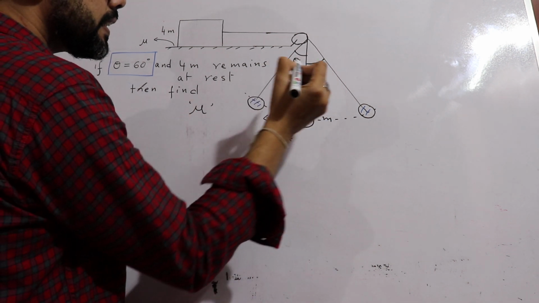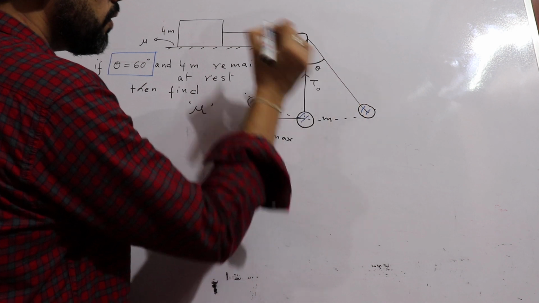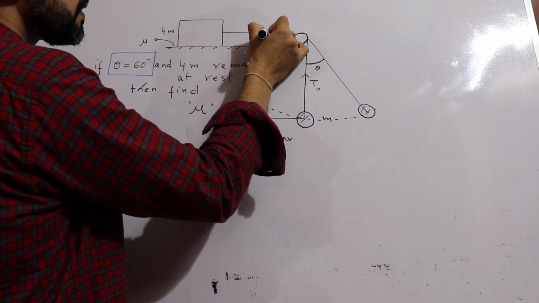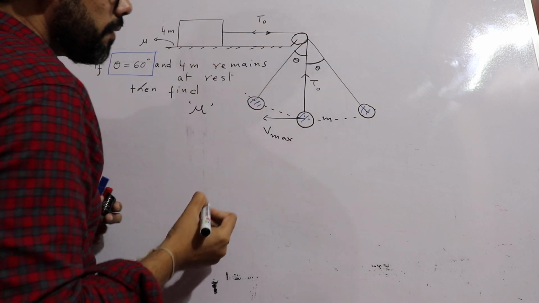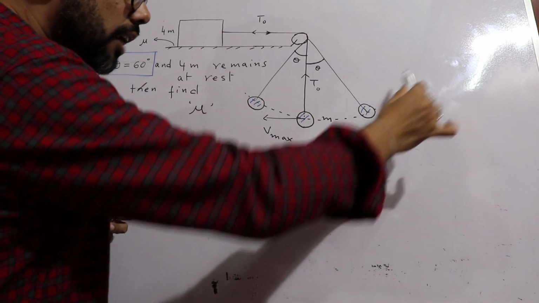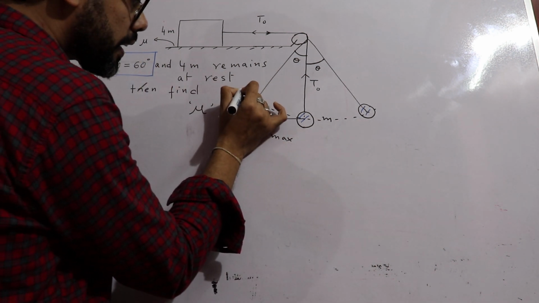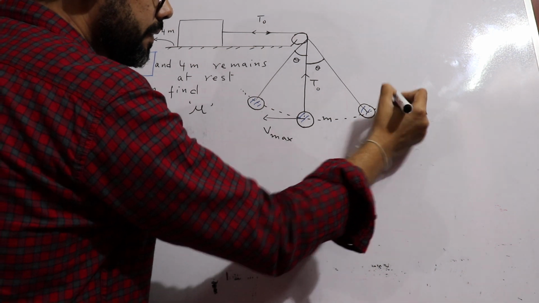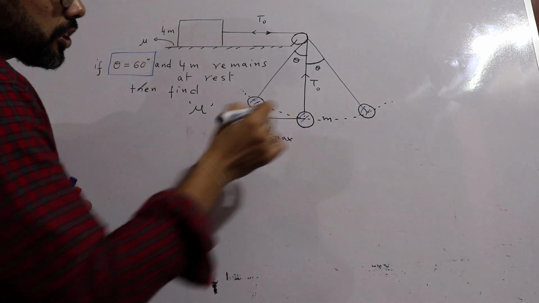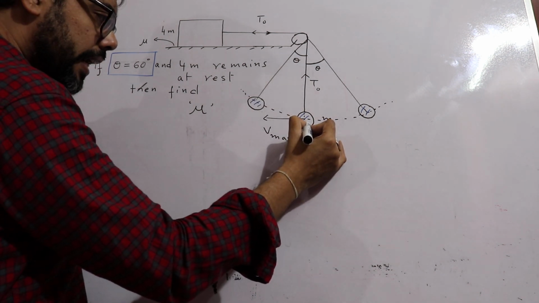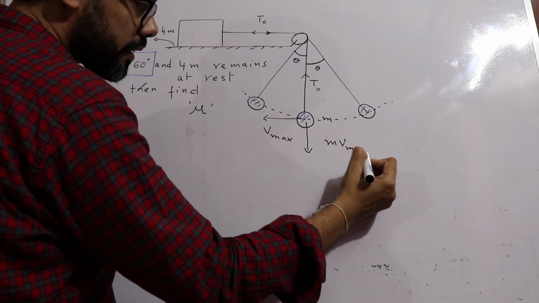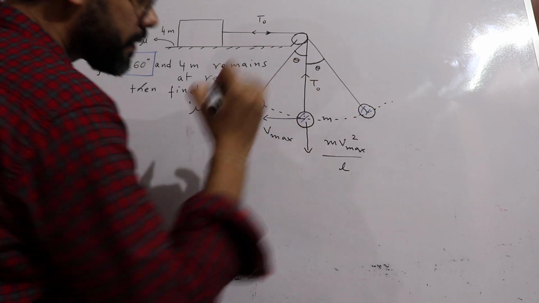Suppose the tension here is T0, and here also the tension in the string is T0. Now if you sit on the bob, it is moving in a circular path. This dotted line is a circular trajectory, and the radius is the effective length L. So you will experience a radially outward centrifugal force, m Vmax square by L.